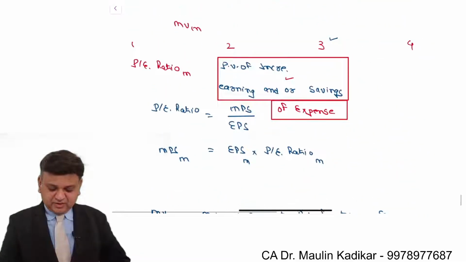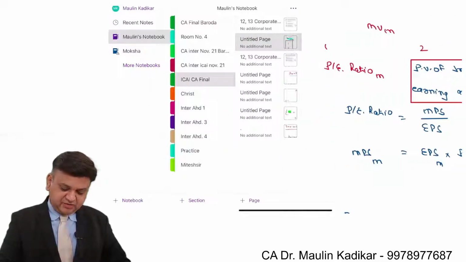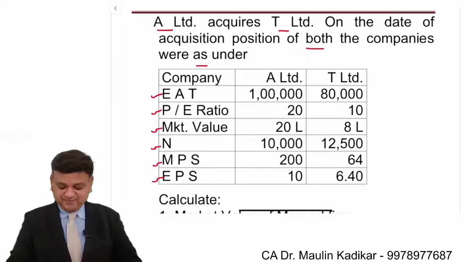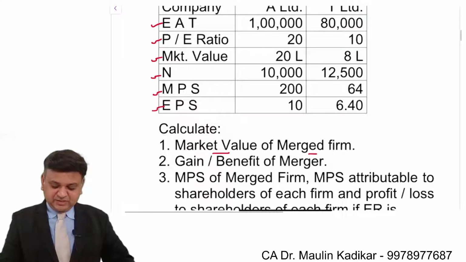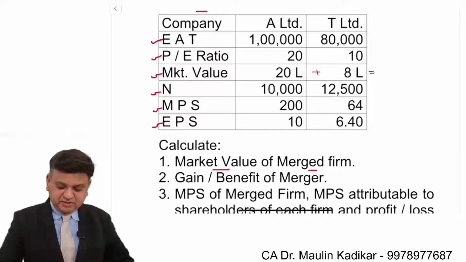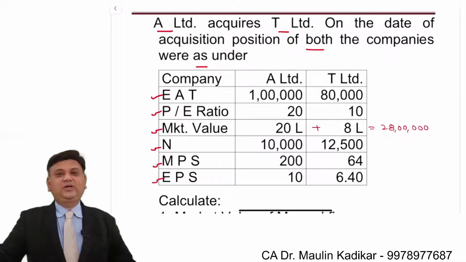And the last situation is the one we have in this question, wherein none of the three information has been given to us. Then the market value of the merged firm is simply the summation of the two independent market values. That is 20 plus 8, which comes to 28 lakhs. This is the way the answer is to be found.